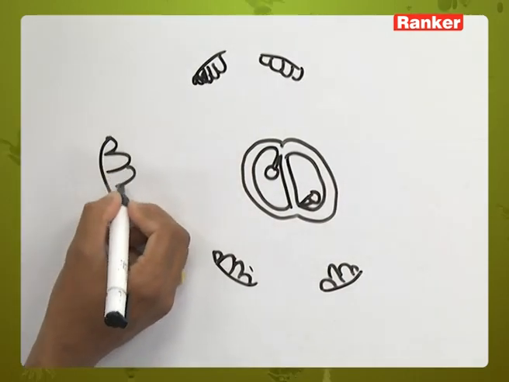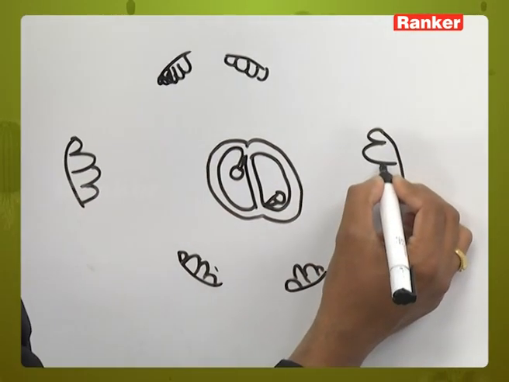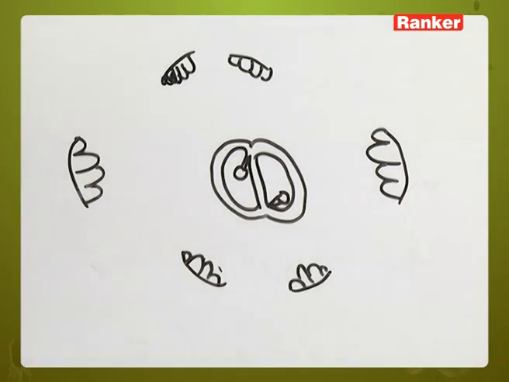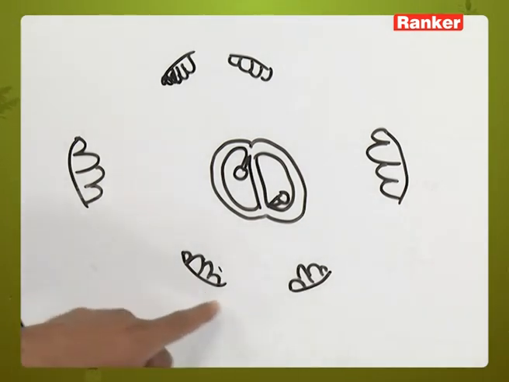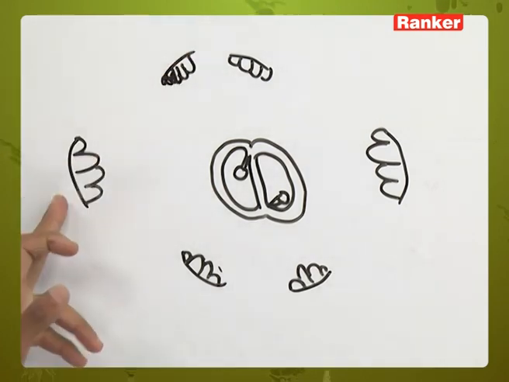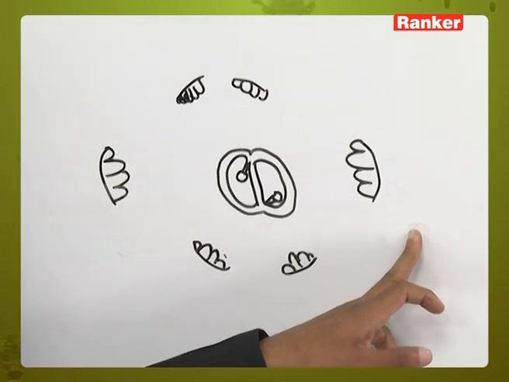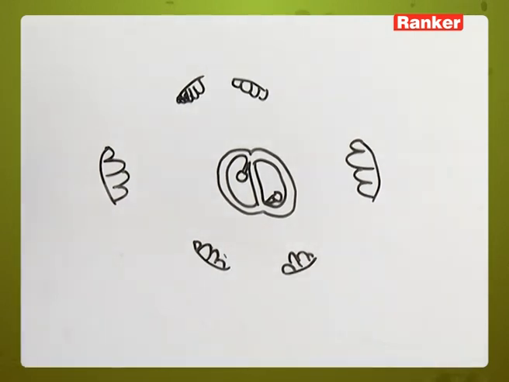Then in how many whorls these essential stamens are present can also be known here. So, here these 4, 1, 2, 3, 4 stamens are present in the inner whorl and these 2 are present in the outer whorl. So, we can see a total of 6 stamens present in 2 whorls.